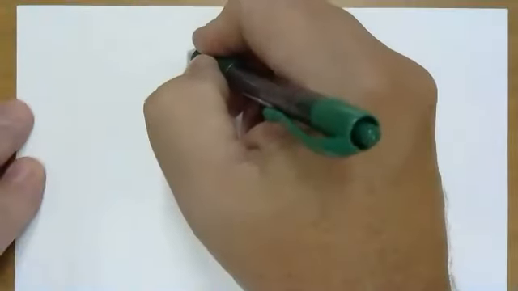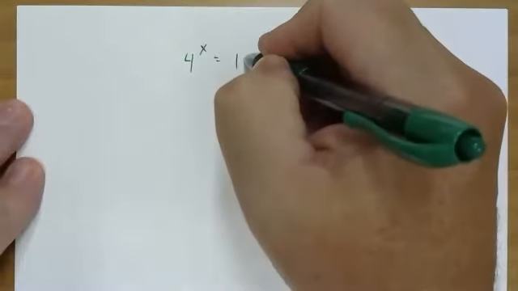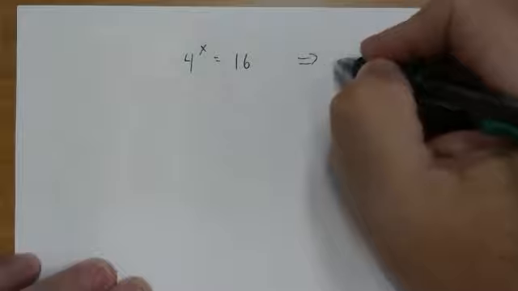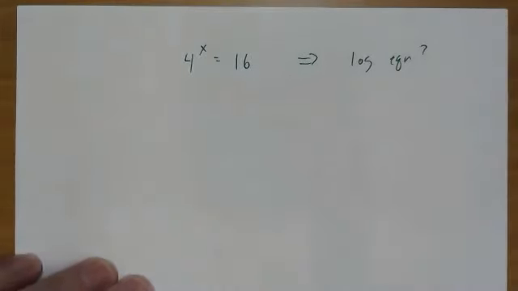So let's start out with an exponential equation. This one, of the two things I'm going to show, I think is probably a little more complicated. So I'm given this exponential equation, and I'm asked to rewrite it as a log equation. Here's what I do.